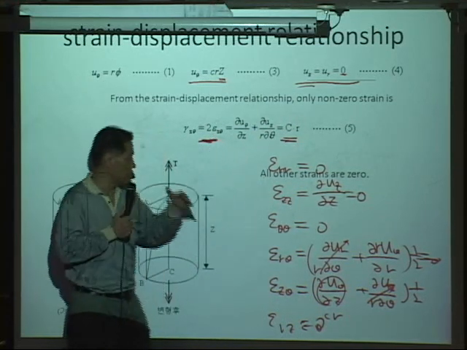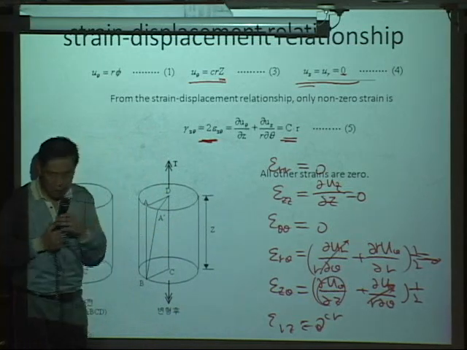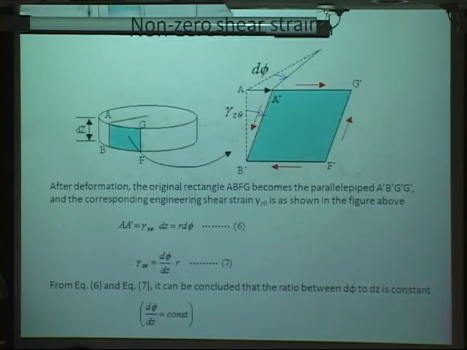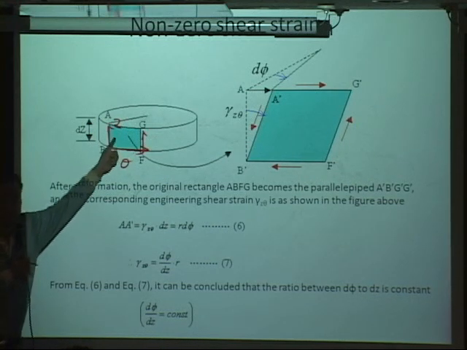Z theta. What does it mean? Let's say we have this z theta. Z theta means that this is the z, and this is what? Theta. And this is the plane.